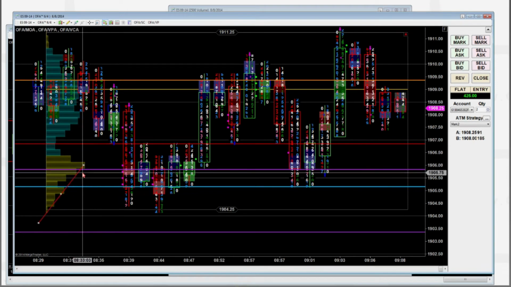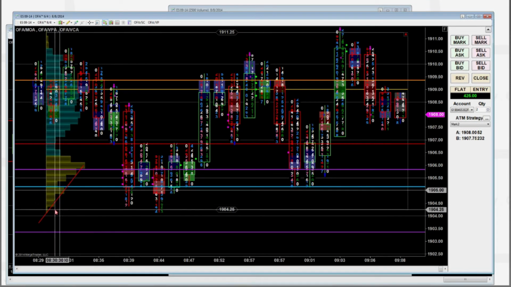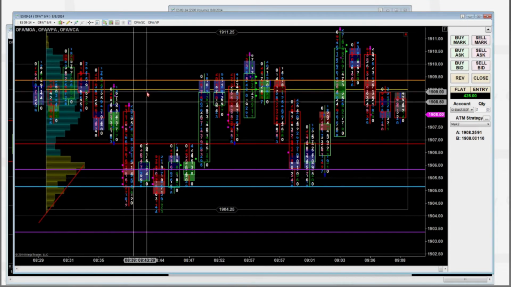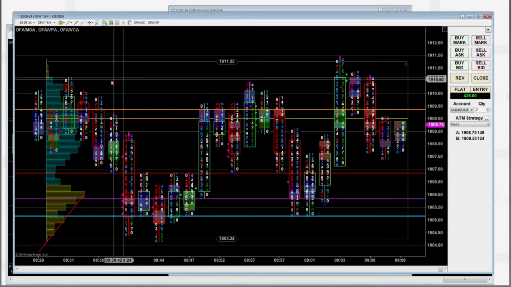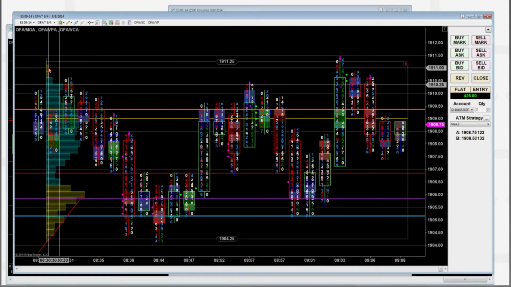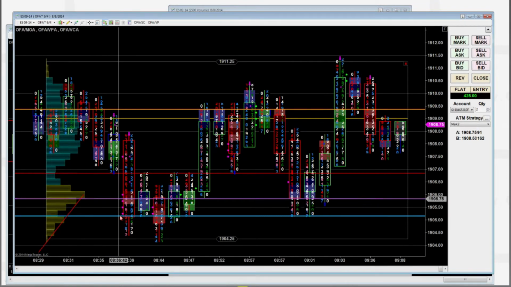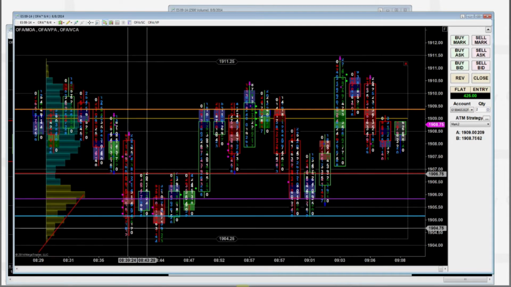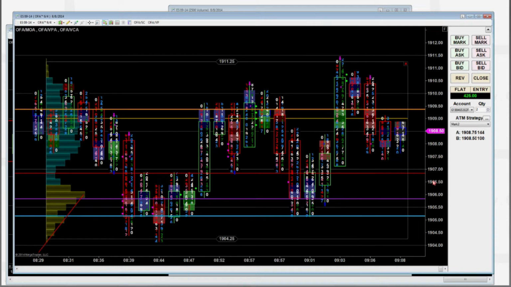What I see to the downside overall is that as price is moving lower, there's less participation. BPOC is higher. When I look at the auction profile to the upside, there's a little bit of a finish to the upside as well. But this tried testing lower 1, 2, 3, 4 times.